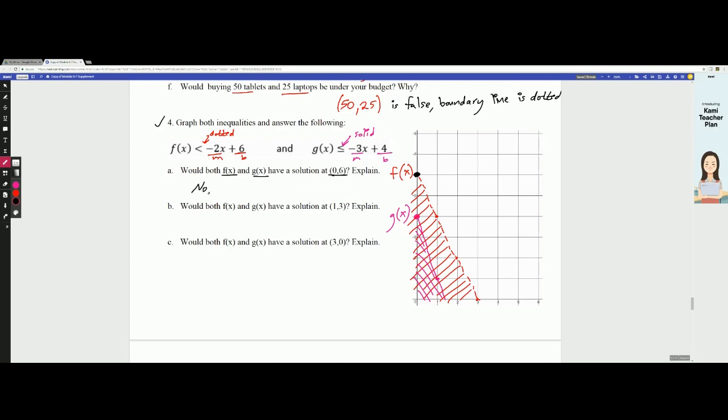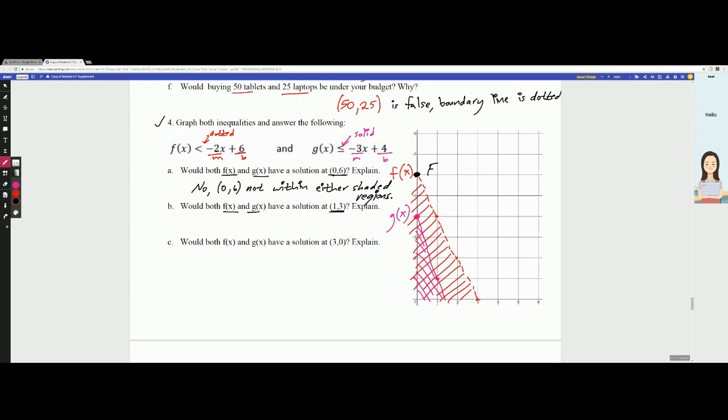So no. Again, it's 0, 6, not within either shaded regions. And if you look at the boundary line for f of x, it's dotted, so no. Okay, that's false.